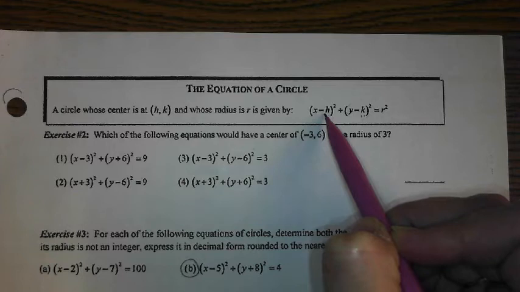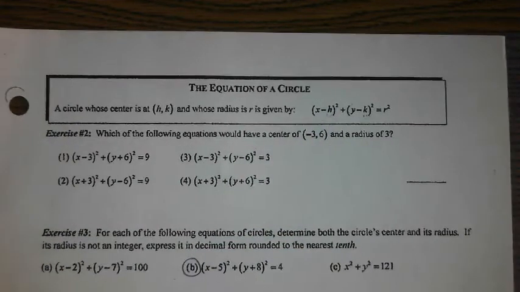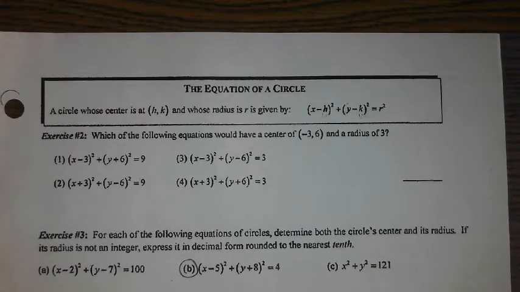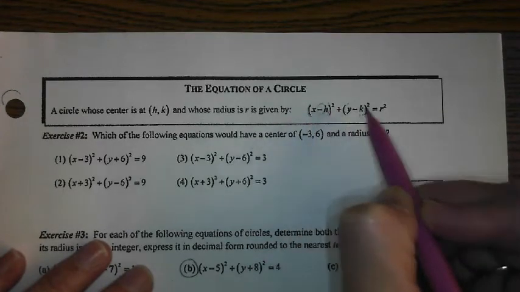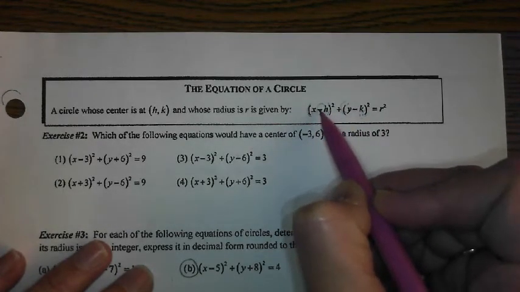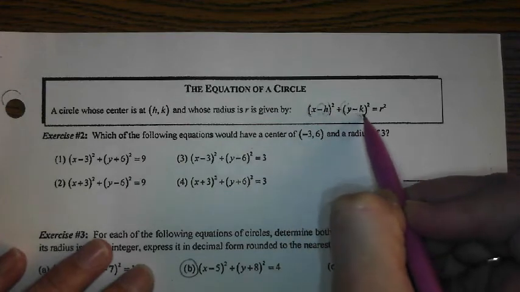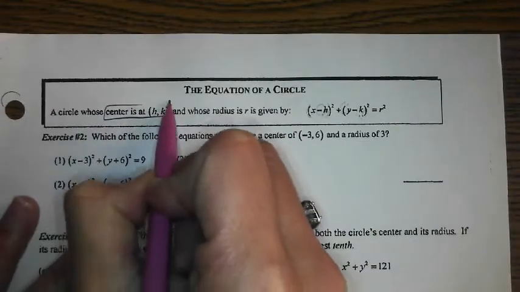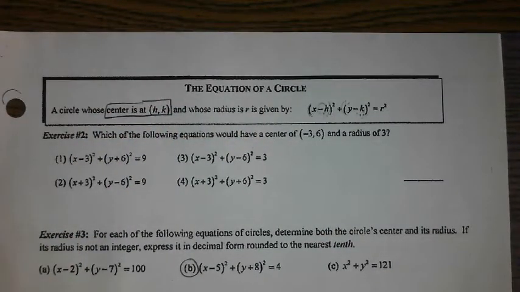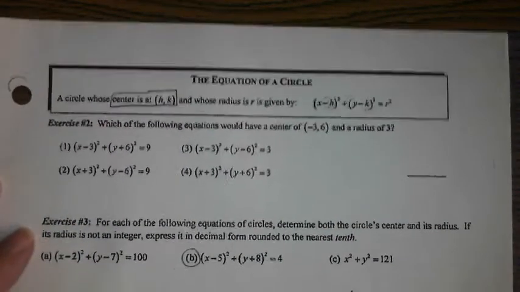So when she coincidentally or accidentally got the right vertex on that one, there was some truth to that, because when you're in parentheses with the variable, it's the opposite sign that you see. And so even though you see negative h and negative k in the format, hk is actually your center, and that is stated right there. And then it equals r squared, which is your radius squared.